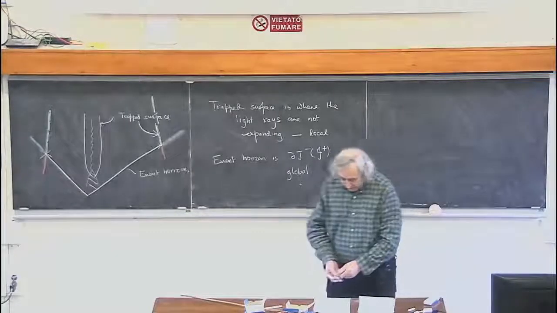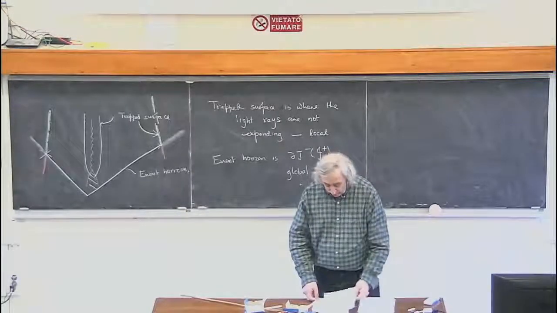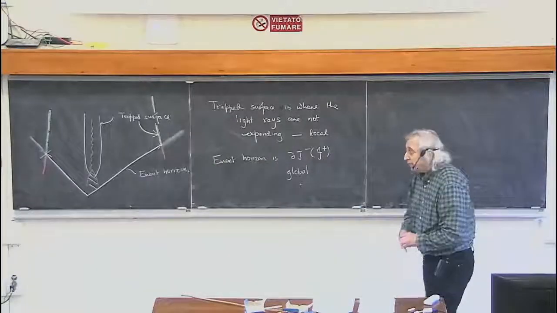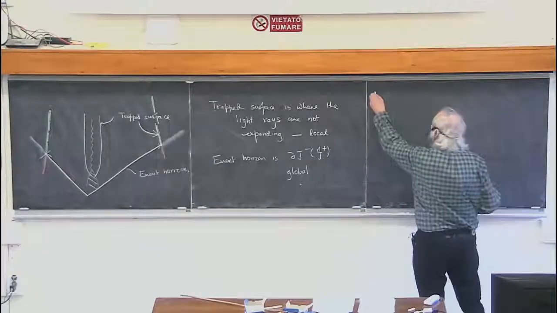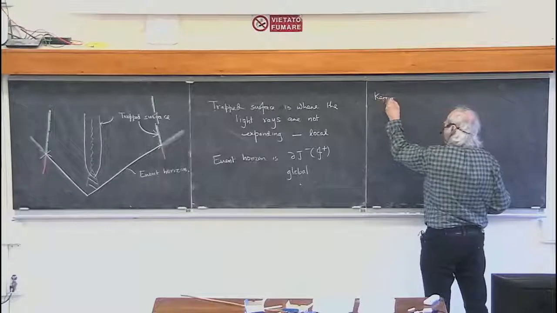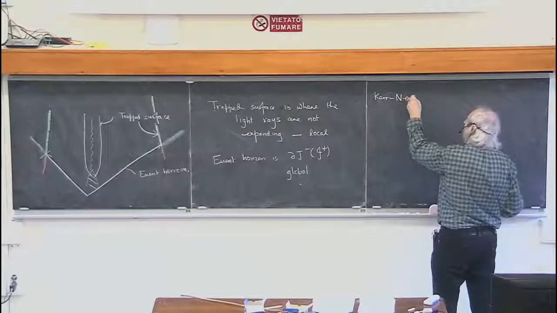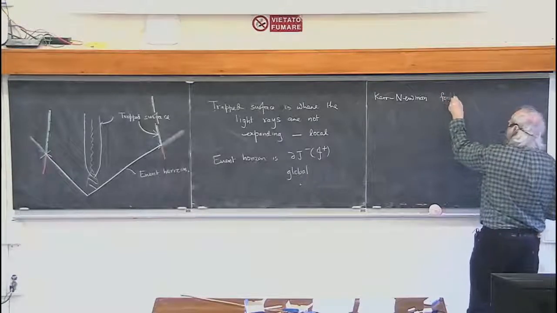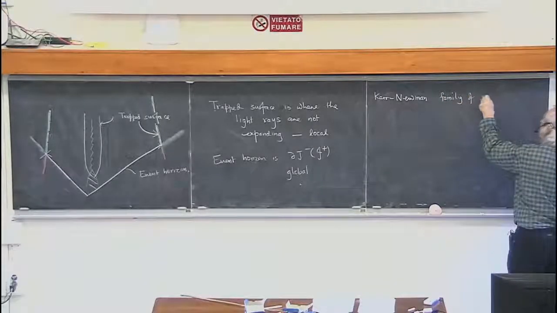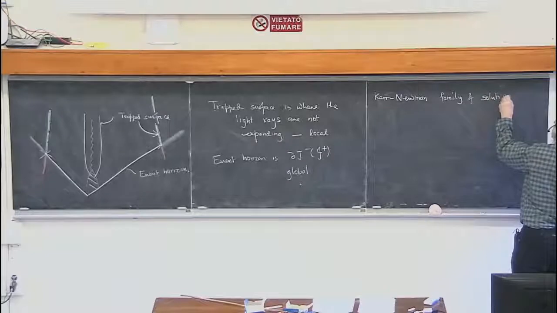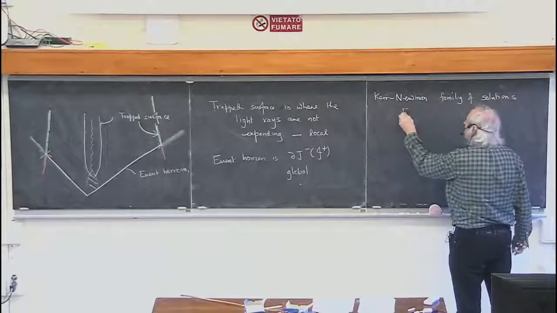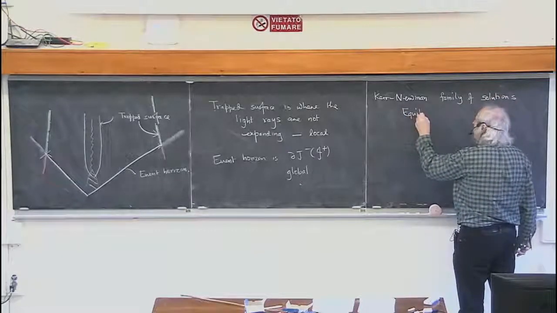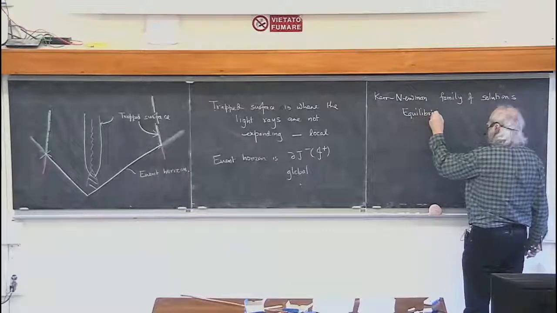So you want to think about what I'm going to say in terms of the Kerr-Newman family of solutions, where things have settled down, whether things have reached equilibrium after gravitational collapse.